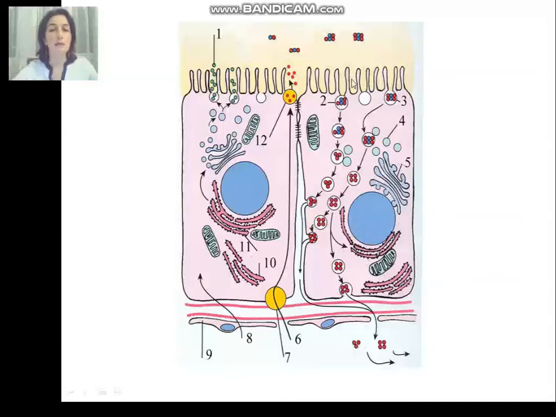As a result, the cell will start to absorb or ingest colloid, and endocytotic vesicles that include thyroglobulin are formed. The endocytotic vesicles will fuse with the lysosomes, and lysosomal enzymes will break down the thyroglobulin.